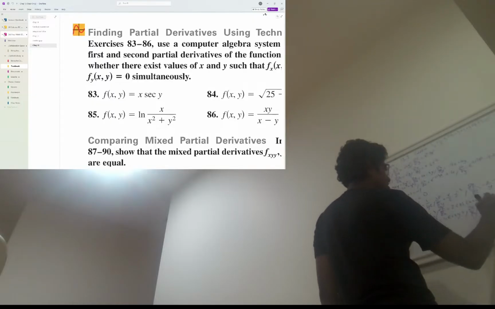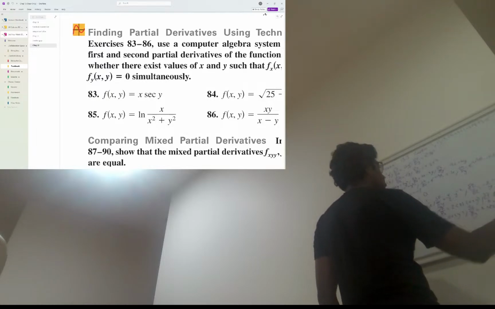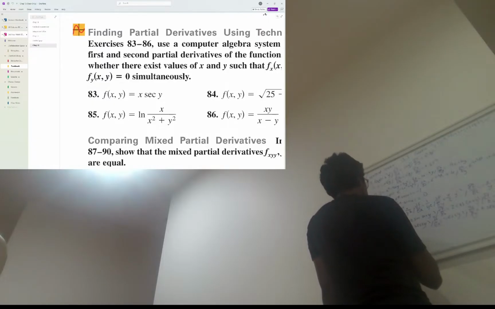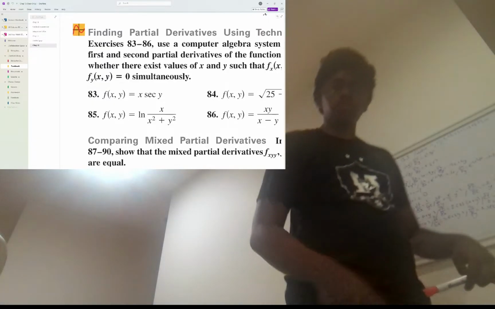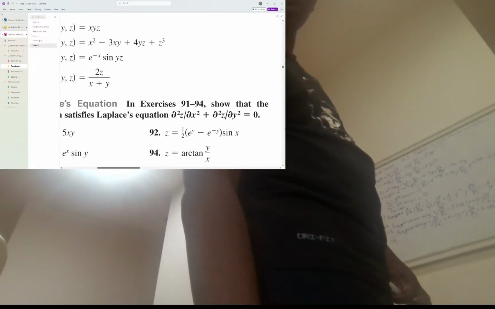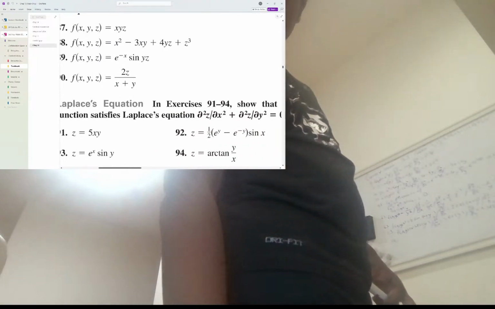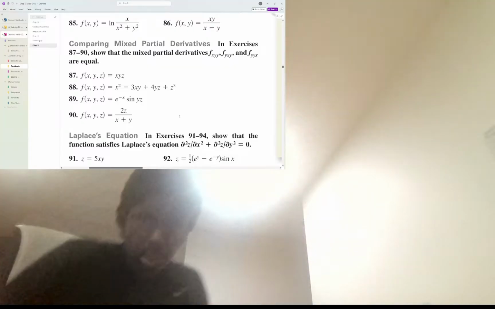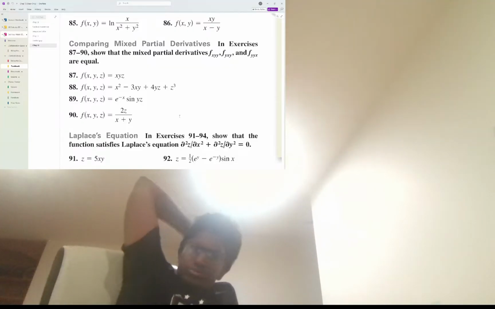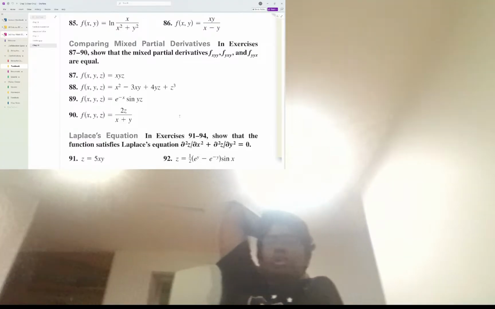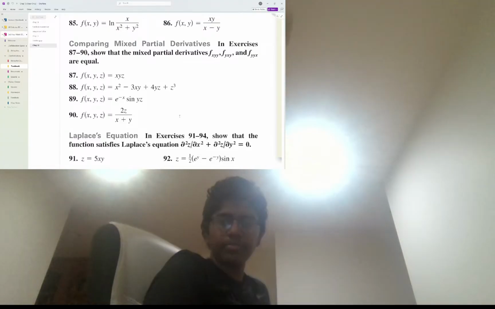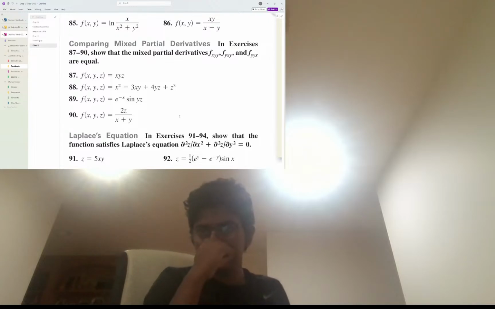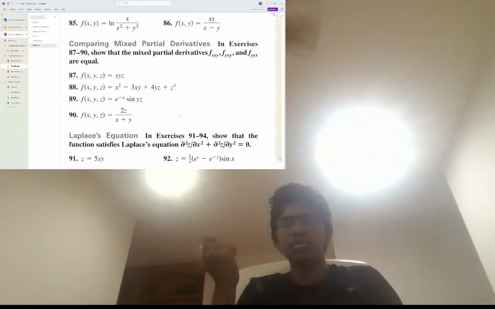Your secant is secant x tan x, right? Secant y tan y. What do we have to do here? I think it's just all the partials. The mixed partial derivatives are equal. Gotta be a more efficient way to show that. Wait, graphically they have to be the same.